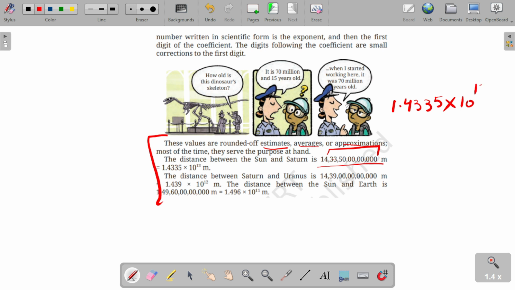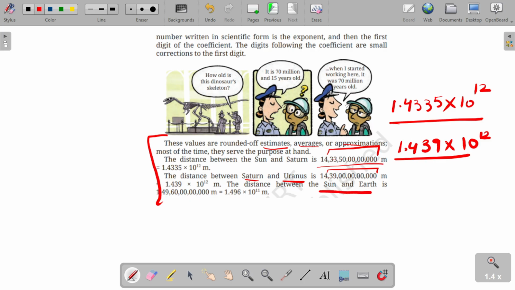The distance between Saturn and Uranus can be 1.439 into 10 raised to power, then count 1, 2, 3, 4, 5, 6, 7, 8, 9, 10, 11, 12. 10 raised to power 12. So this is called scientific notation or standard form in exponential. Okay, again the distance between the Sun and Earth is given.